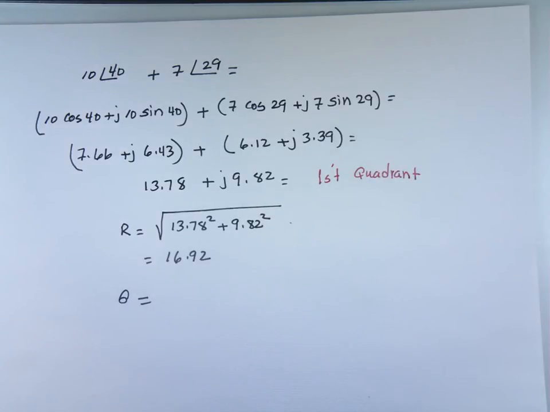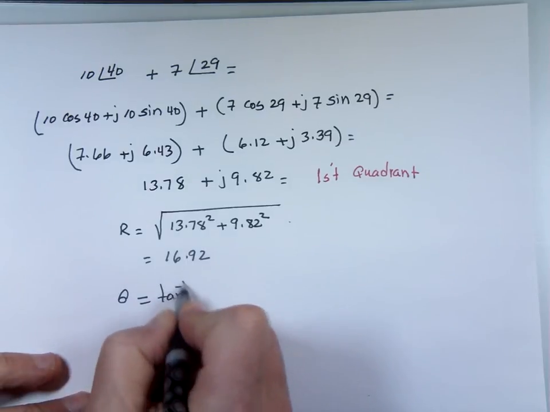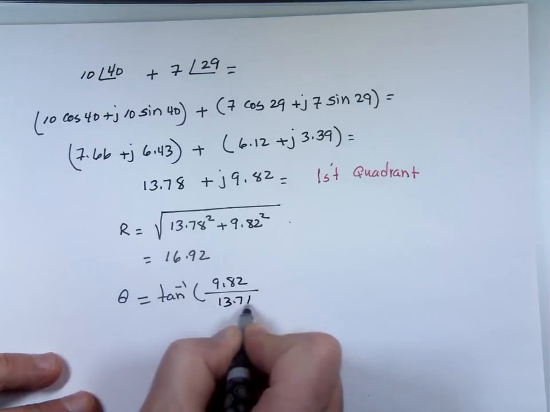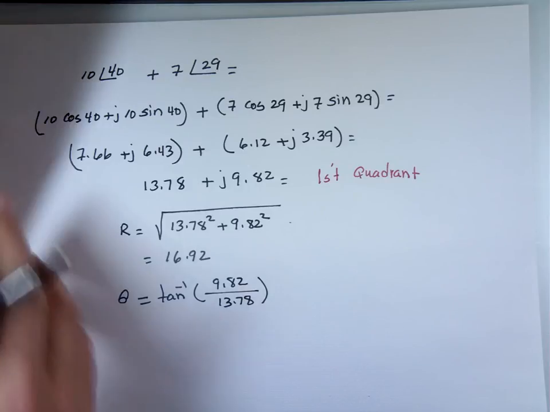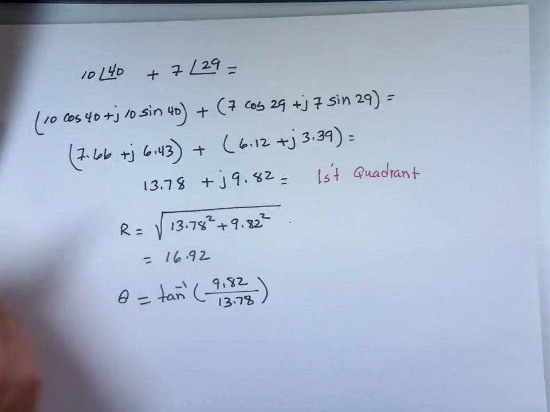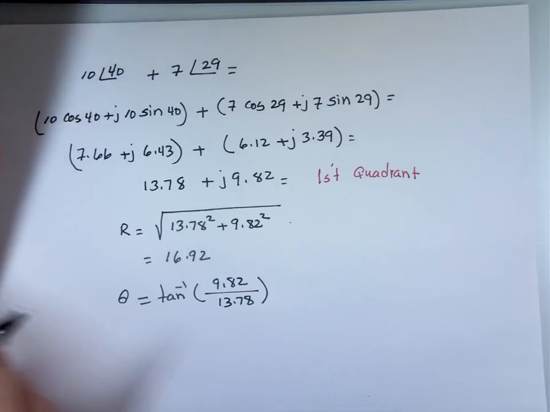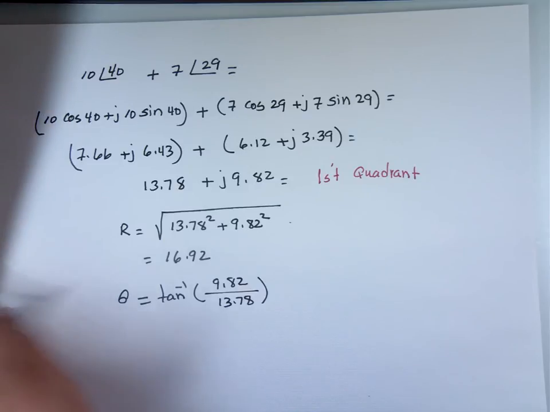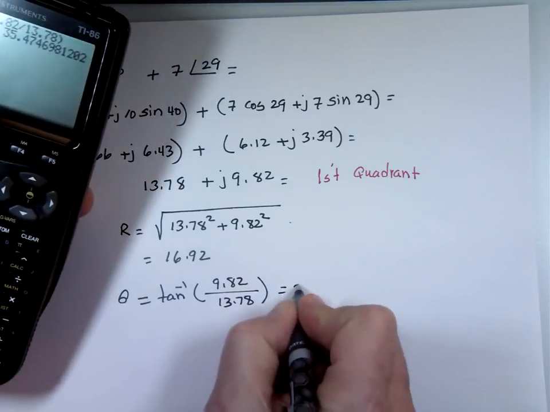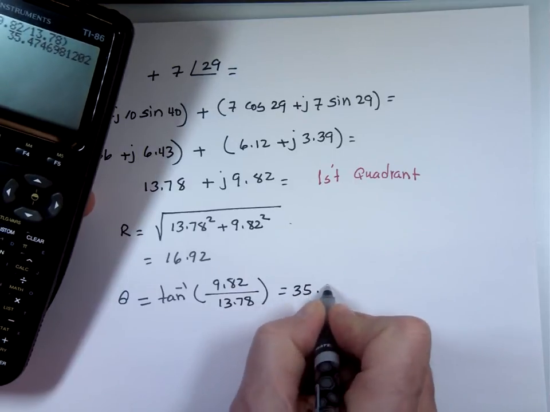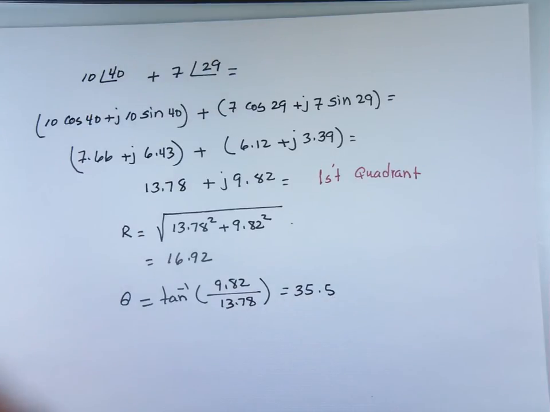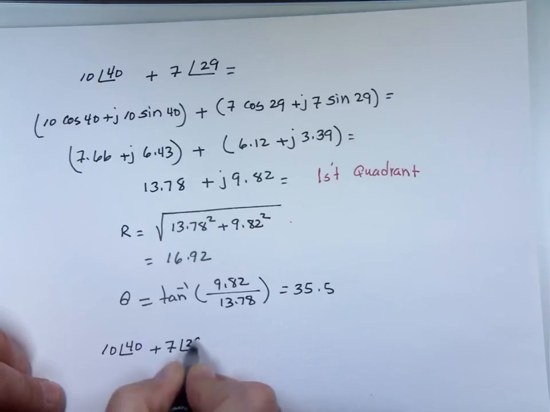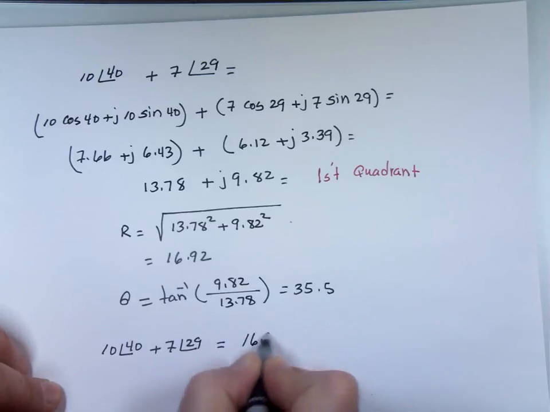Inverse tangent of the imaginary, which is 9.82, over the real, which is 13.78, and that's 35.47, so about 35.5. So when you add them, what's 10 angle 40 plus 7 angle 29 equal to? 16.92 angle 35.5.